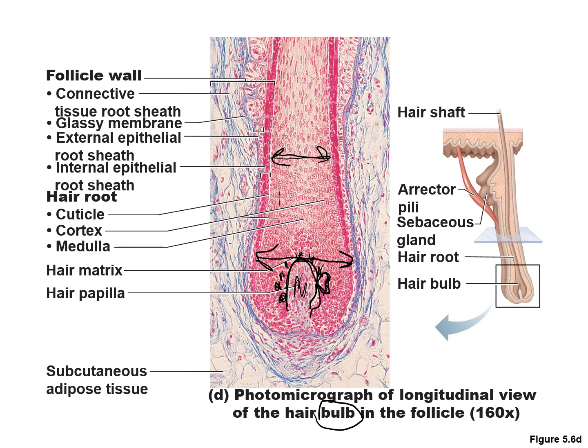In the rest of this diagram, you can see our follicular wall, again, the connective tissue sheath right there, and then the epithelial tissue sheath. Okay, so here's our connective tissue sheath, epithelial root sheath, and between them we have our glassy membrane.